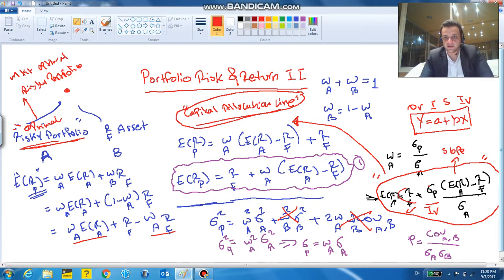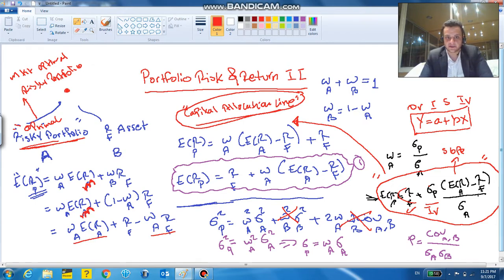And so here, for example, instead of expected return on A, which is the expected return on the risky portfolio for a specific individual, now it is for the market, right? So here we substitute, okay?